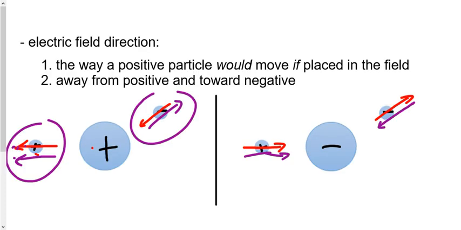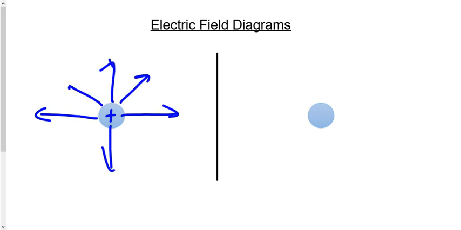All right, let's draw a couple of diagrams here. The first one is a positive particle. Remember, we define the field not only as the way that a positive moves when placed in the field, but away from the positive toward the negative. Field would go this way, right? And we could draw a bunch more field lines if we want to, but don't really need to. They're all pointing away from the positive. This one's negative.